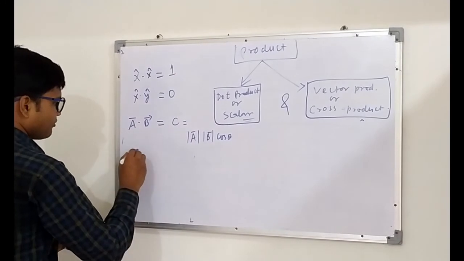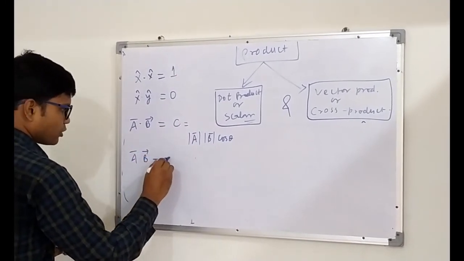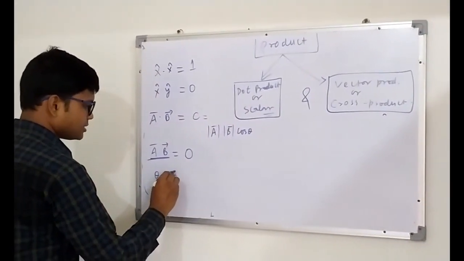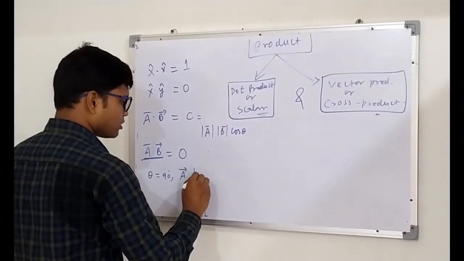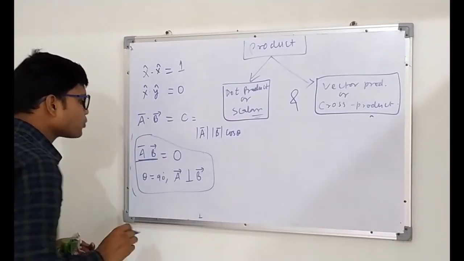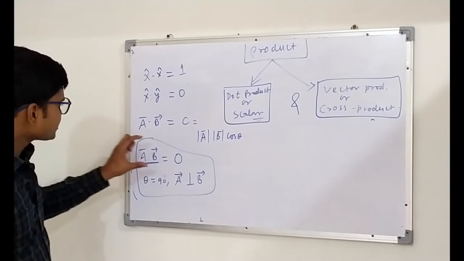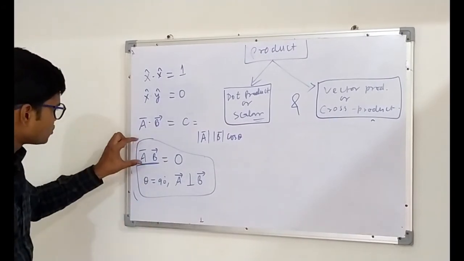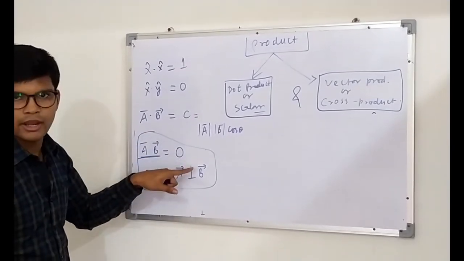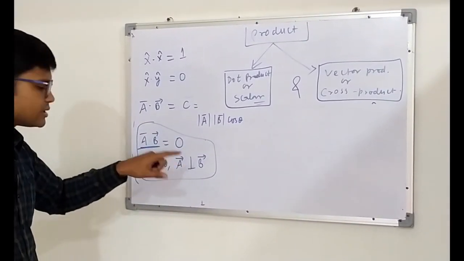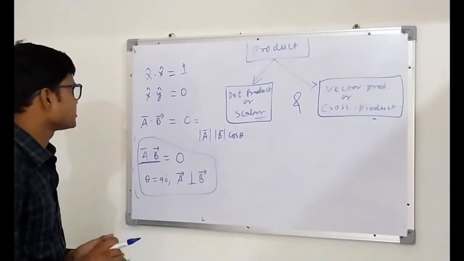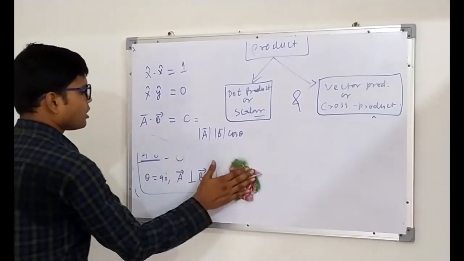We also saw that if A dot B produces 0, then the angle between these two vectors is 90 degrees, meaning that these two vectors are orthogonal to each other. So if anybody asks you to prove whether two vectors are orthogonal or not, just do this dot product and see whether it gives you 0. If it produces 0, then one can say that yes, these two vectors are orthogonal to each other. So this is the whole thing about the dot product.